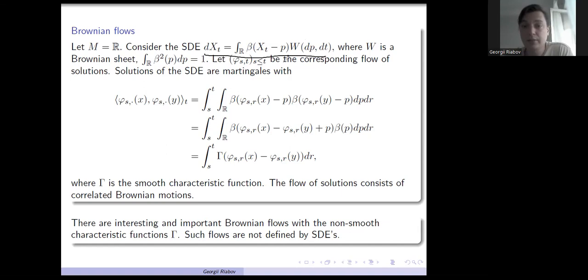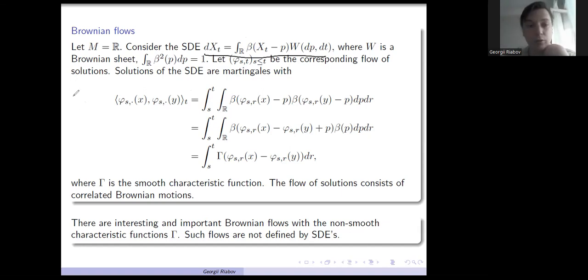Then we have no drift here, so solutions are martingales. And if we compute the quadratic covariation, it will be computed as the double integral.